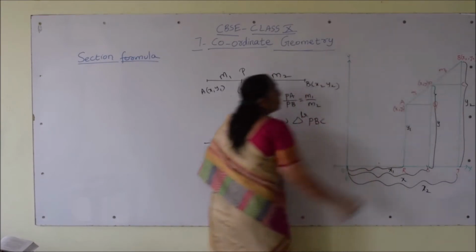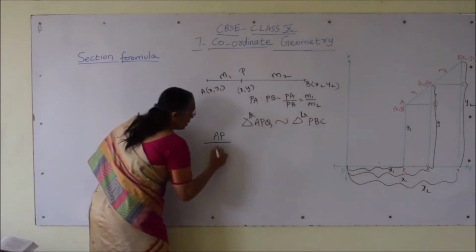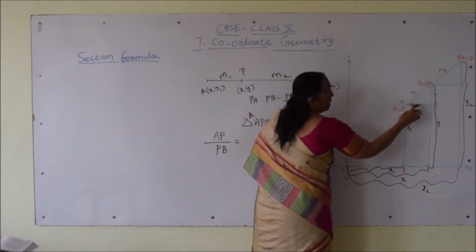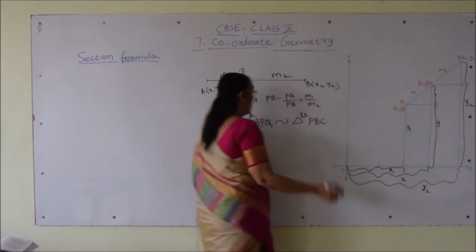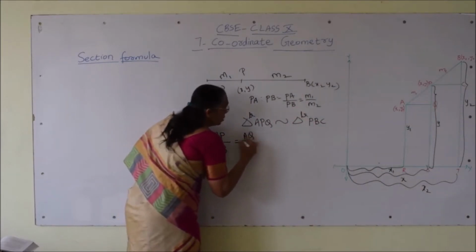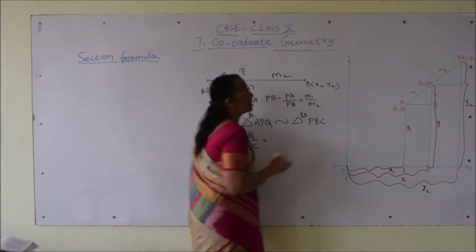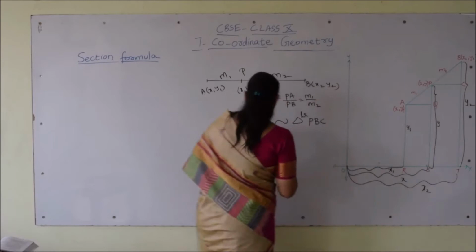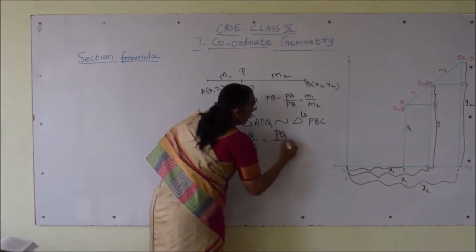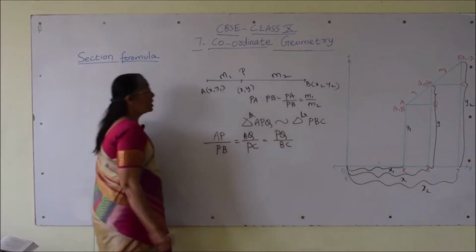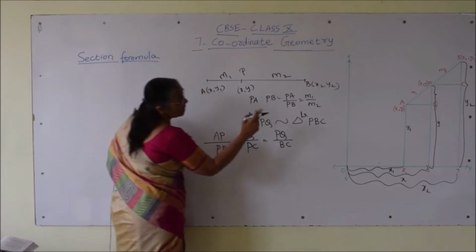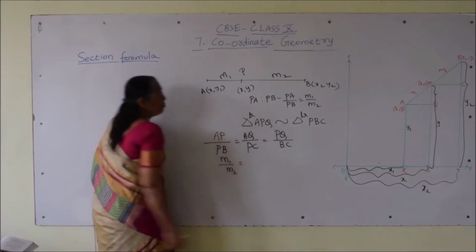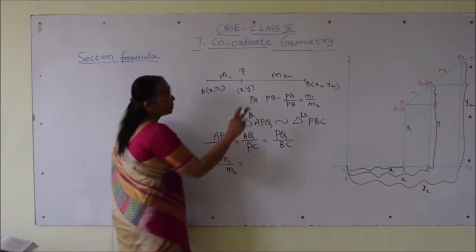AP divided by PB is equal to, first I have taken AP, now AQ by PC, which is equal to PQ by BC. Now, what is AP? AP is nothing but m1 and PB is m2. m1 by m2 is equal to AQ.